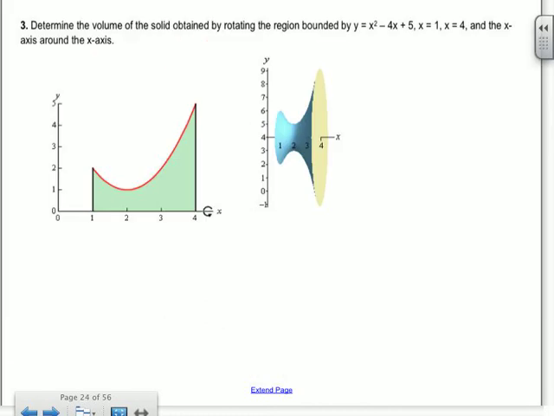All right, so determine the volume of the solid obtained by rotating the region bounded by y equals x squared minus 4x plus 5, so that's this one, between x equals 1 and x equals 4, and the x-axis, around the x-axis. So this one I actually gave you a picture of, because it's kind of hard to draw.